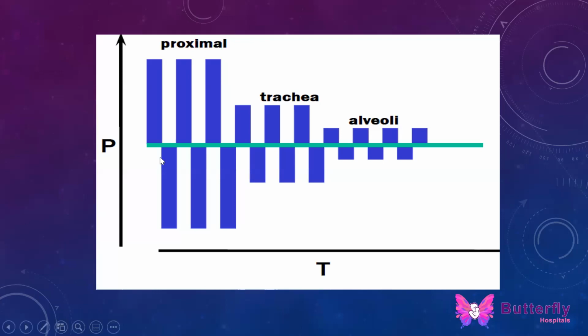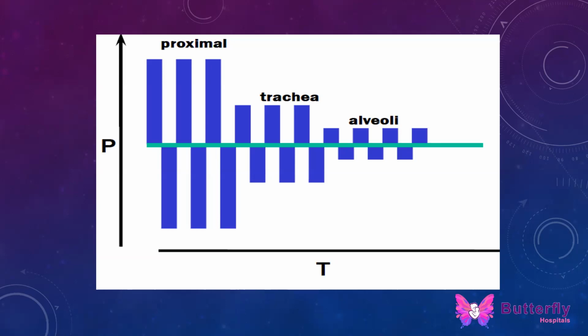The amplitude in the proximal airways is going to be very high, and as we go more distally into the trachea and alveoli, the amplitude is going to be low. The same thing happens to the pressure. The pressures in the proximal airways are going to be very high, and mean airway pressures in the alveoli are going to be less.